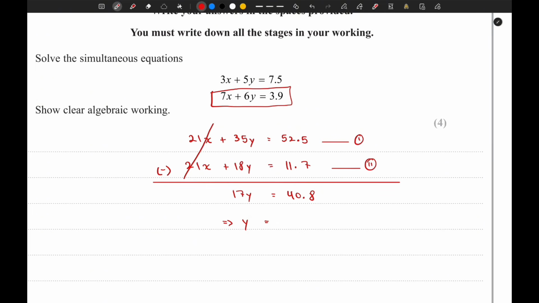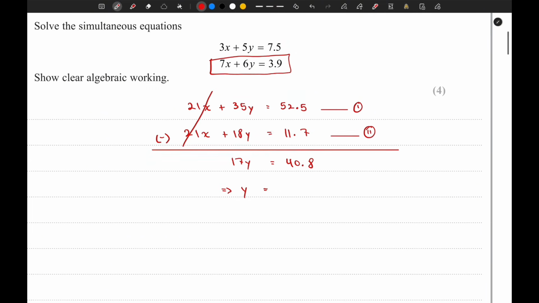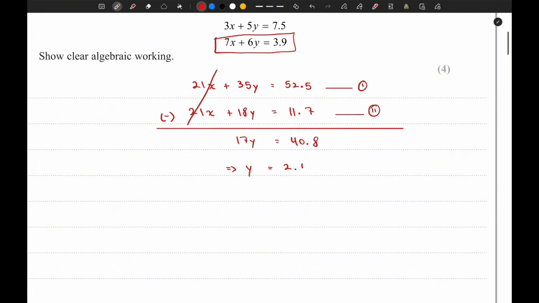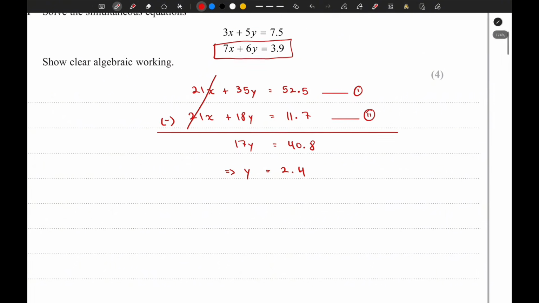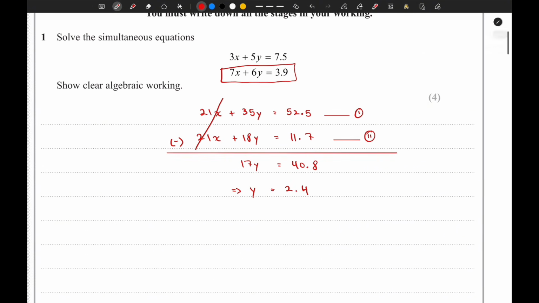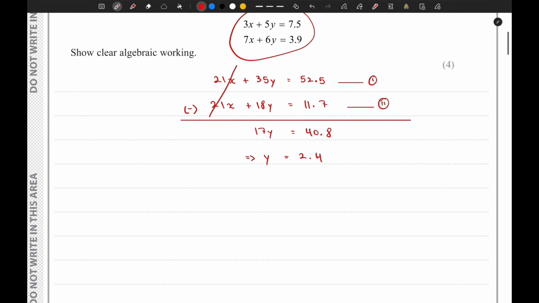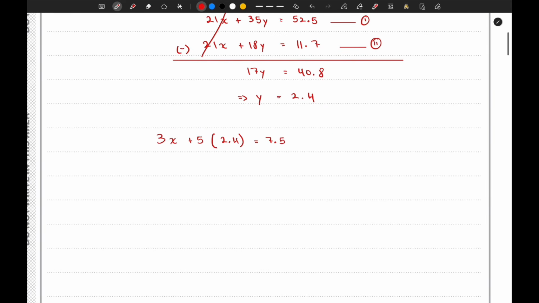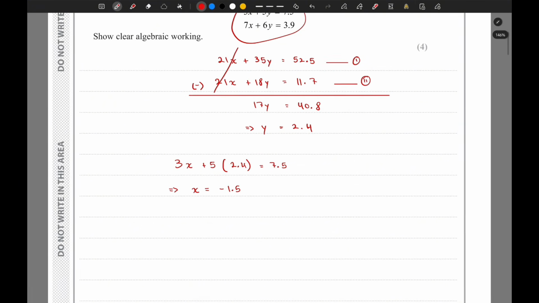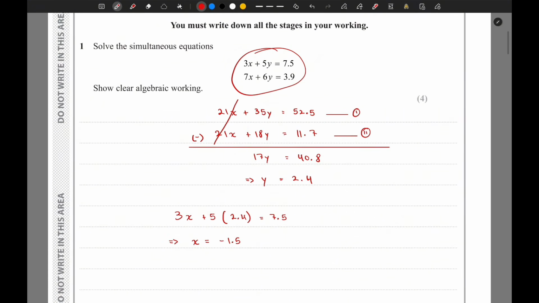So from this we can calculate the value for y, which is 2.4. Now we can calculate the values of x using either one of these equations. Let's just use the first equation, that is 3x plus 5y is equals to 7.5. So x is equals to negative 1.5. So that is it for the first question.